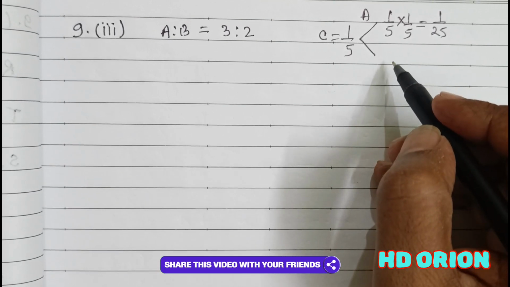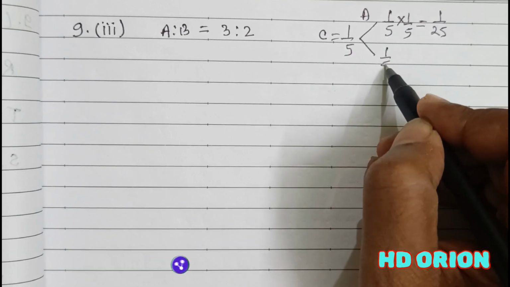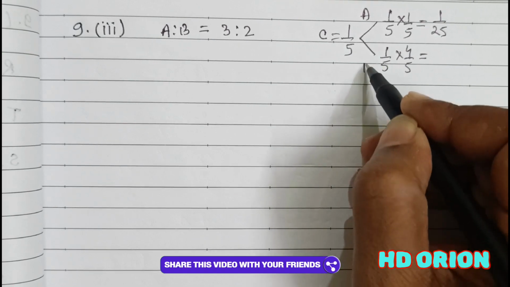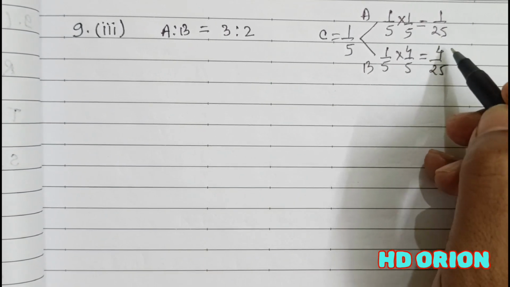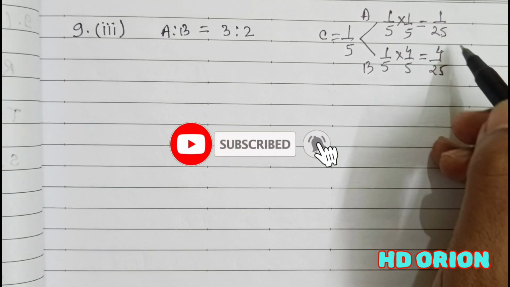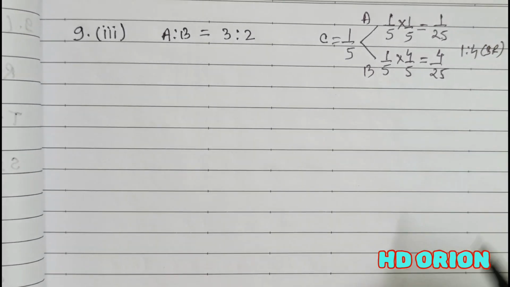And B contributes 4/5 of the same 1/5. So it is how much? 4/25. So from here you can easily see that their sacrificing ratio is how much? Denominators are 25, 25. It is 1:4, our sacrificing ratio.